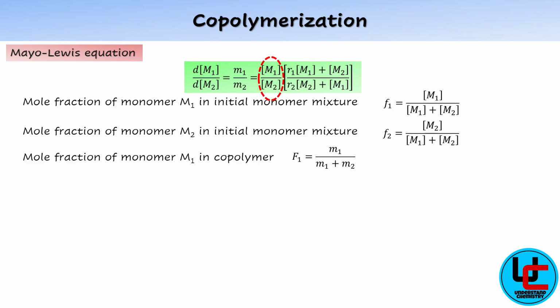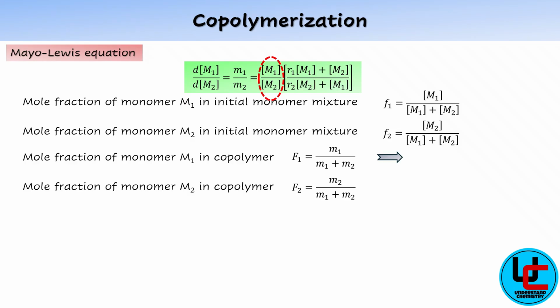In the same way, if uppercase F1 represents the mole fraction of monomer M1 in the resulting polymer, we write F1 is equal to small case m1 over m1 plus m2, and similarly F2 is equal to m2 over m1 plus m2.